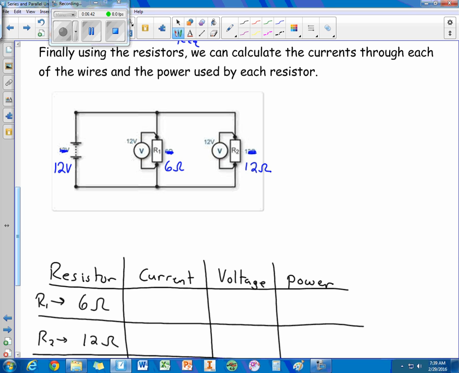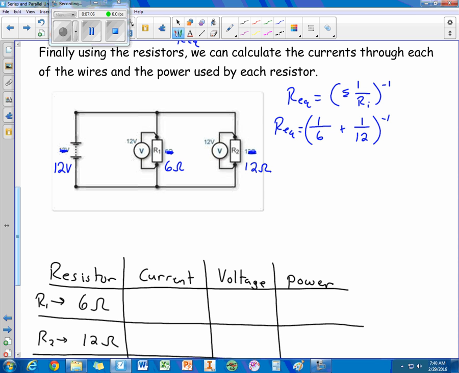The equivalent resistance is the sum of 1 over each individual resistor. I have to invert it. So that means that the equivalent resistance equals 1 divided by 6 plus 1 divided by 12, and I need to flip that. So 1 over 6, that's the same thing as 2 over 12.